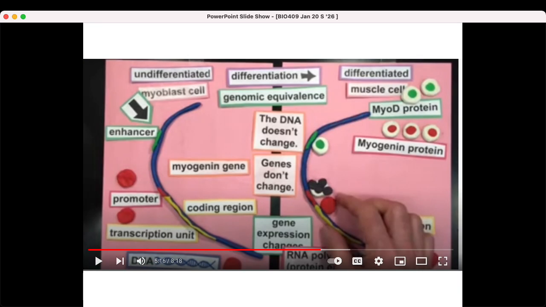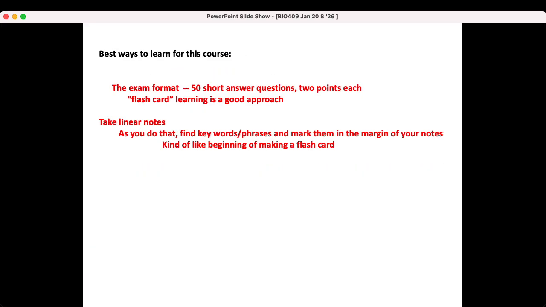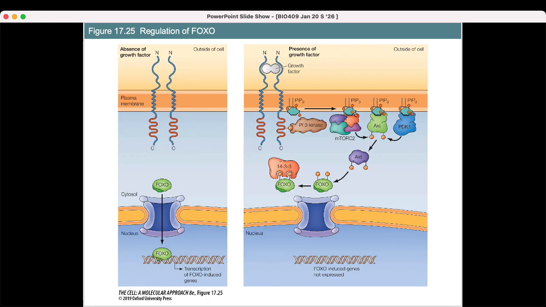Again, this shows this. Here's all the detail I put in. I used clay to represent the DNA, the genes in that video, very intentionally, and our big focus is those genes, because it's a universal description of gene regulation. That FOXO, its function is to regulate gene expression. That's its job.